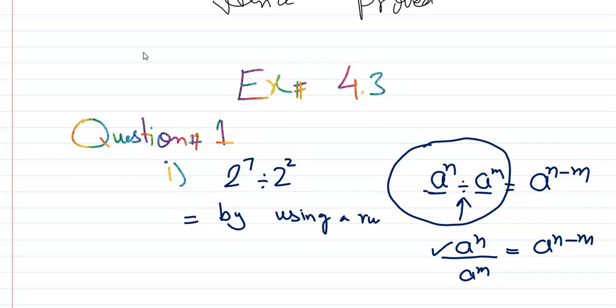So here, by using a rule, what rule? A raised to power n divided by a raised to power m is equal to a raised to power n minus m.